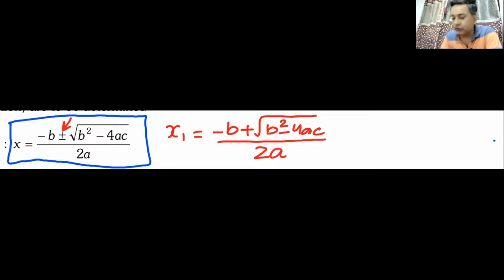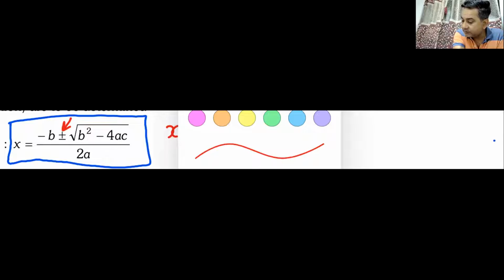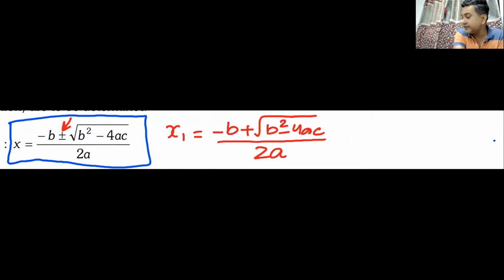This is the first root of this equation, or the first value of x. It is achieved by having the positive sign. Do we understand this, everyone? Yes, I hope you understand this.